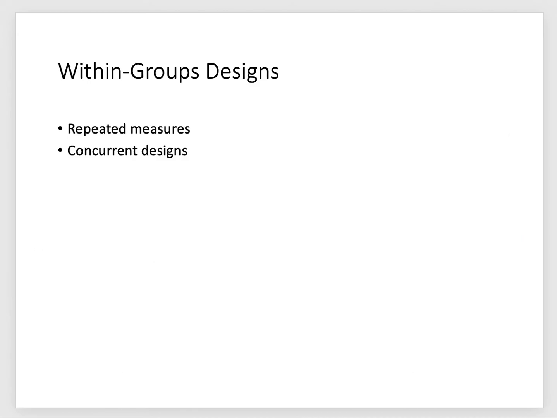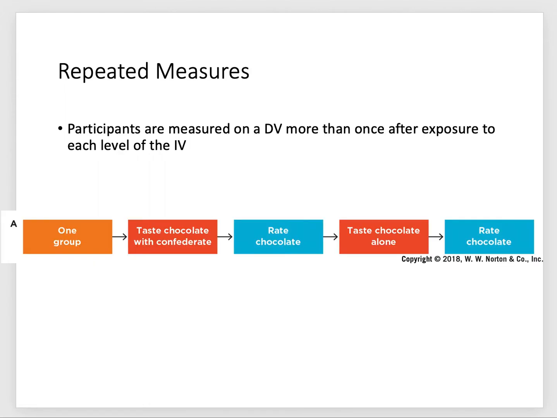Getting into within groups designs or within person designs, there's two ways that we can do this, either through repeated measures or through concurrent designs. So repeated measure designs are when, just like it sounds, we're going to measure participants more than once. All right, so everybody is going to be part of the same group.